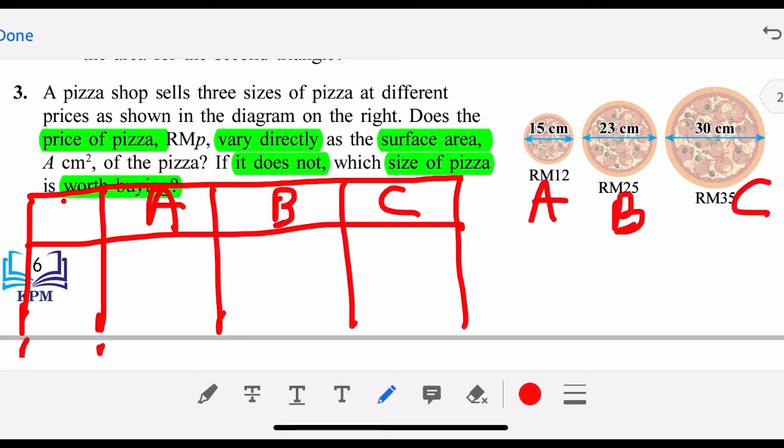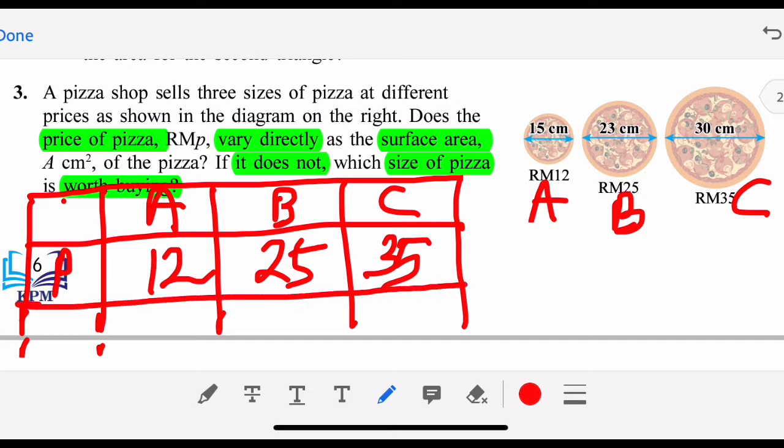Okay, we want to know how the price is changed compared to the surface area, right? So what you need to do is find the surface area for each of the pizza.